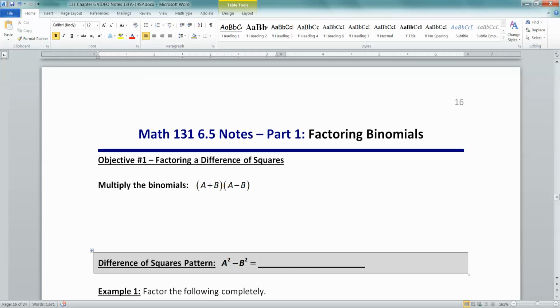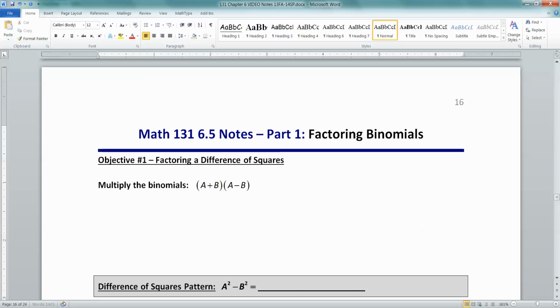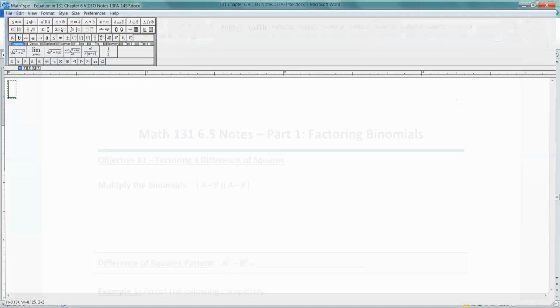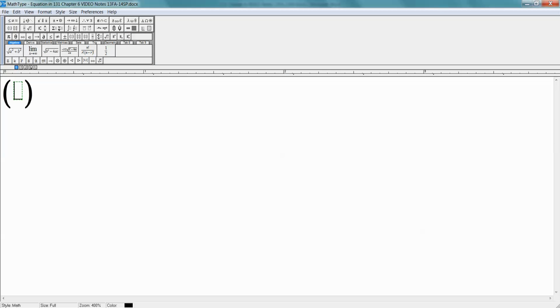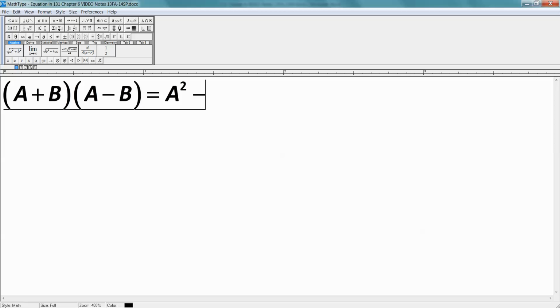Now, before we factor some binomials, let's remind ourselves of a property that we saw earlier. That is that if you have a plus b times a minus b, that will be equal to a squared minus ab plus ab minus b squared.